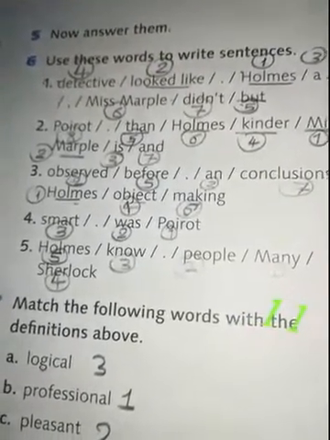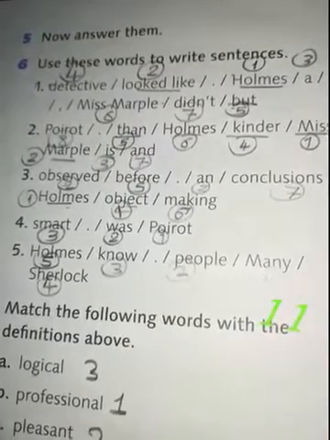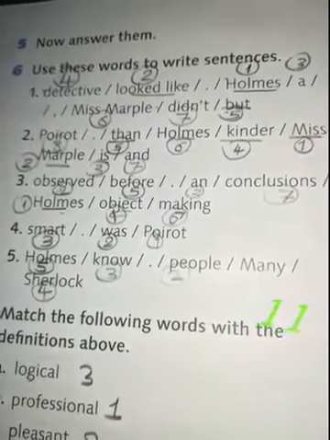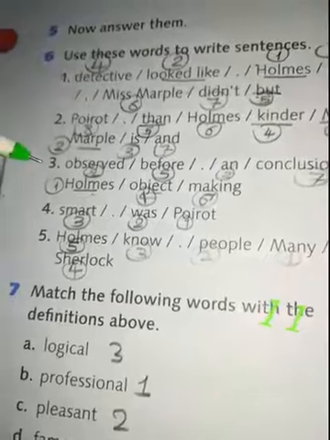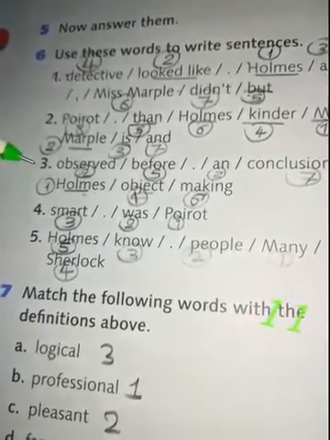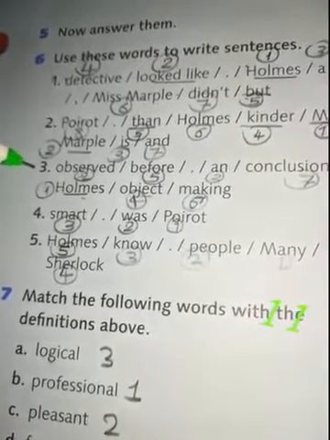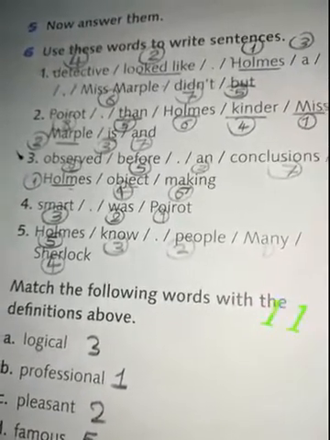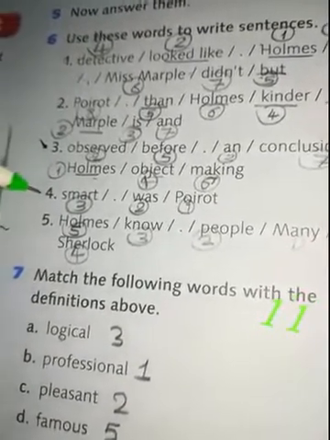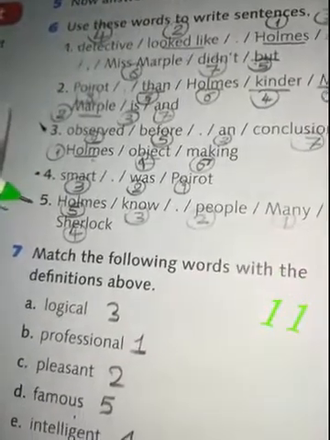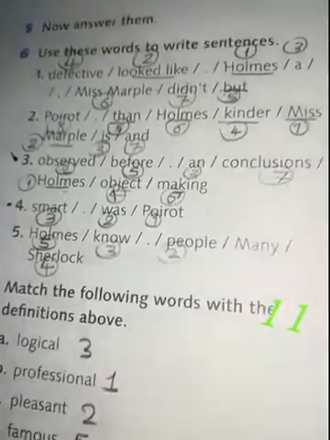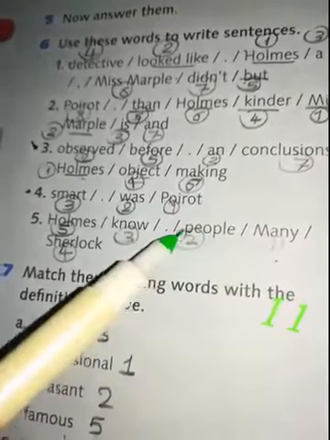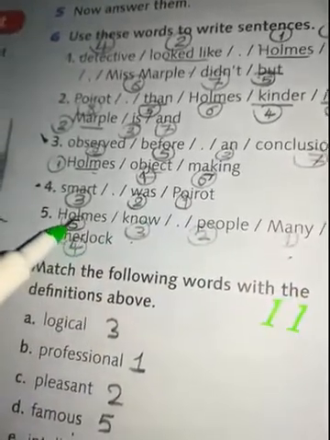Miss Marple is kinder than Holmes and Poirot. Number 3. Holmes observed an object before making conclusions. Number 4. Poirot was smart. Number 5. Many people know Sherlock Holmes.